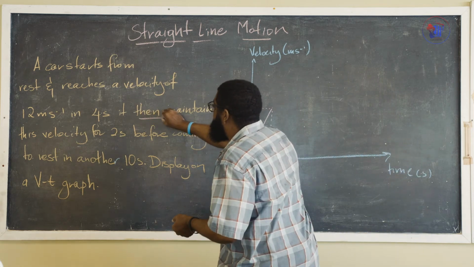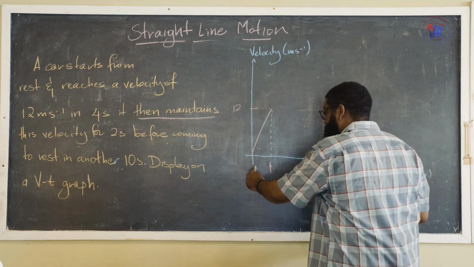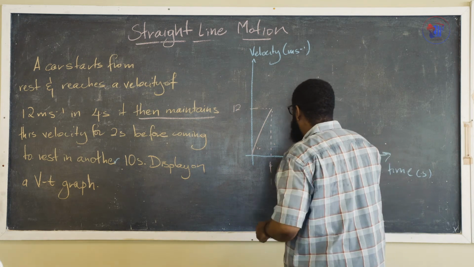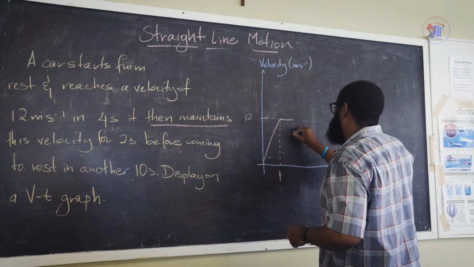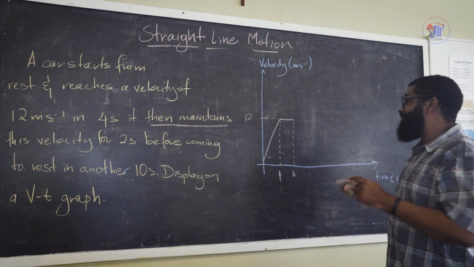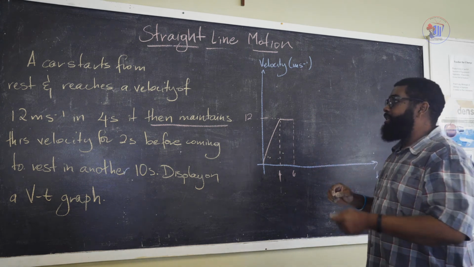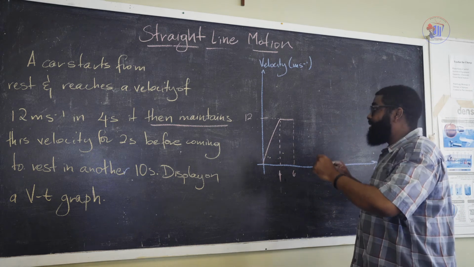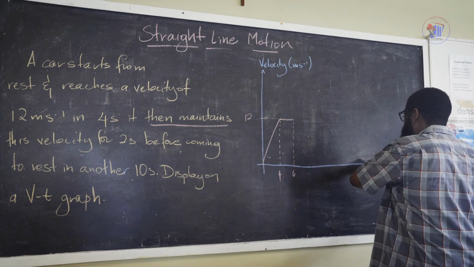It then maintains this for 2 seconds. 2 seconds from where? Not from the start, but from 4 seconds. So 2 and 4 gives us a grand total of 6 seconds. Before coming to rest in another 10. Now, coming to rest simply means that its velocity becomes 0, and its velocity is 0 anywhere along the x-axis.